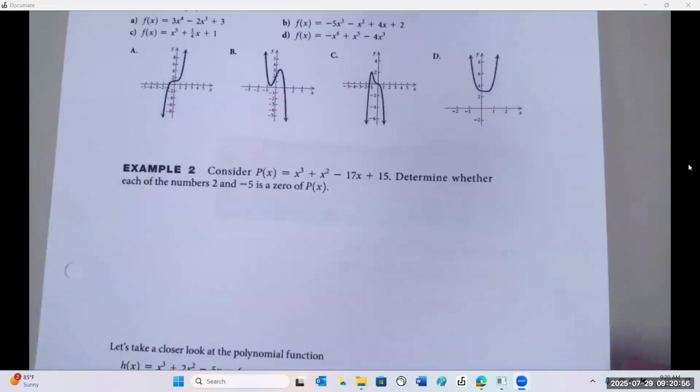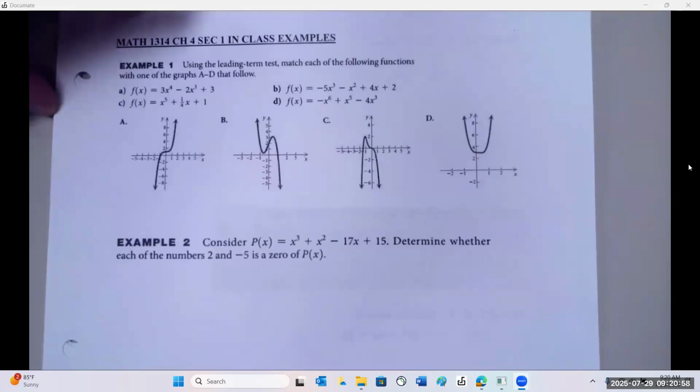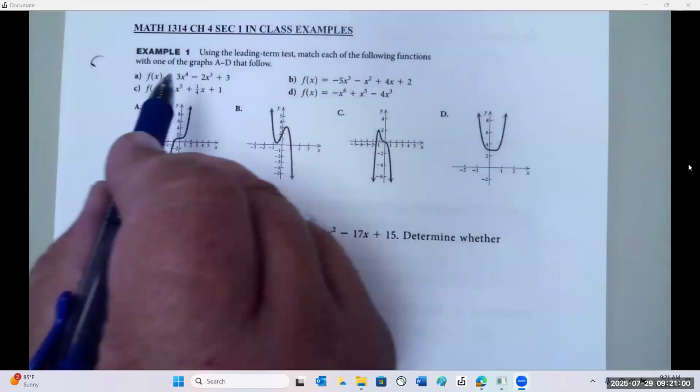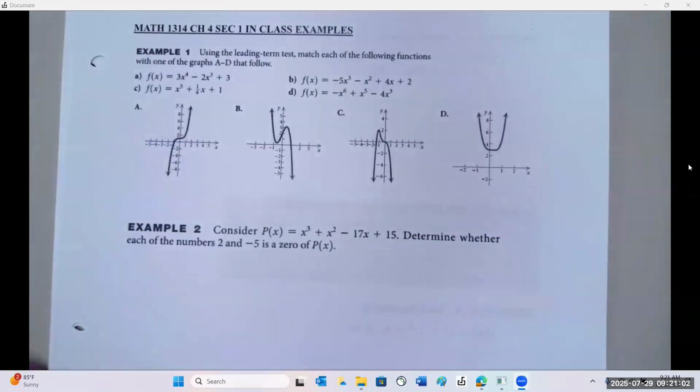Let's see some examples here. Here I have 4 functions and 4 graphs. Match them.